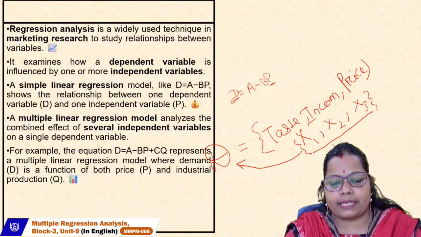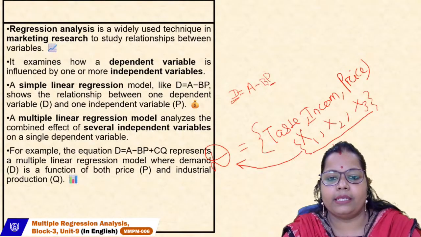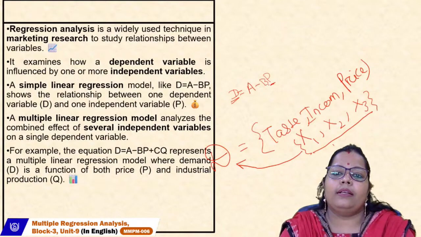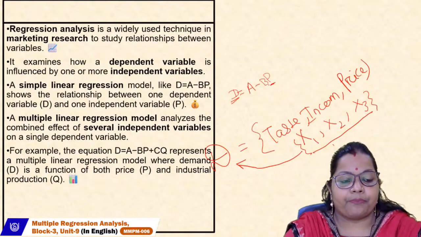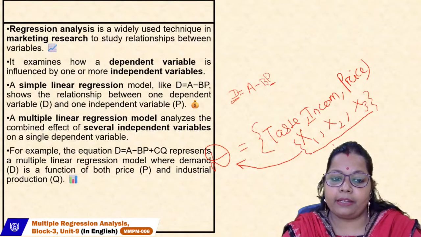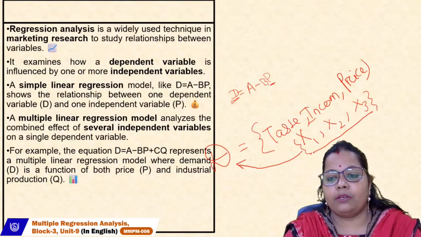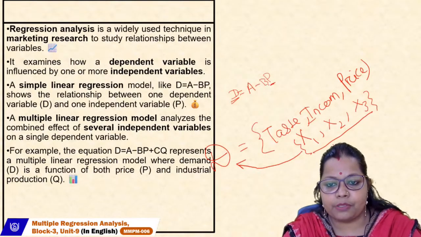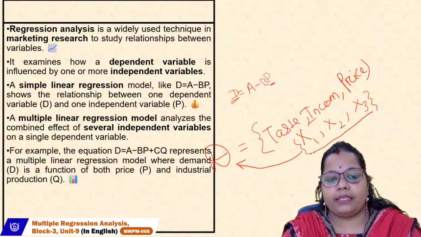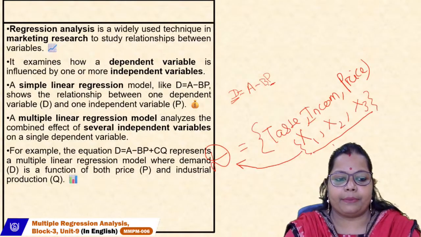But when, along with price, any other variable is affecting demand, then it will be termed multiple regression analysis. A multiple linear regression model analyzes the combined effect of several independent variables. I'm repeatedly saying that more than one independent variable exists in multiple regression analysis, and we examine their individual impact on the dependent variable.